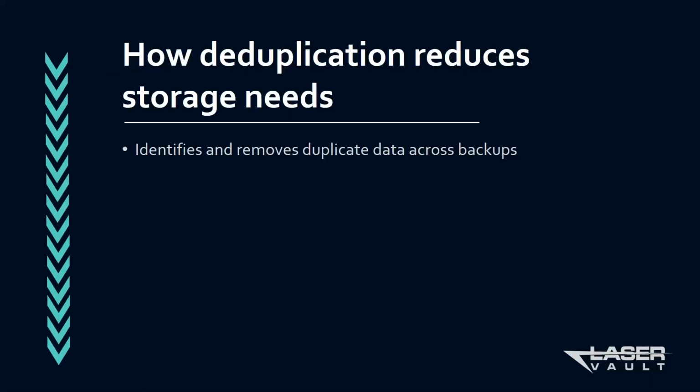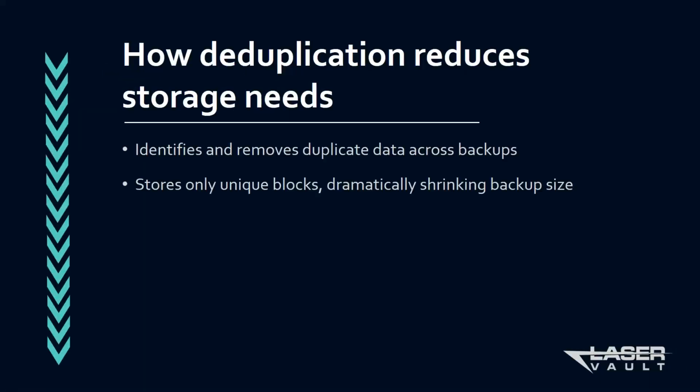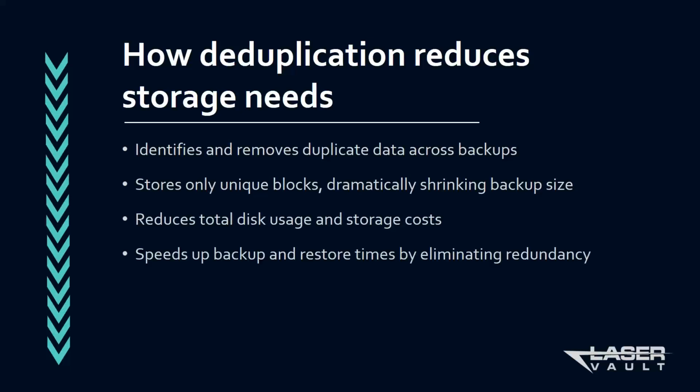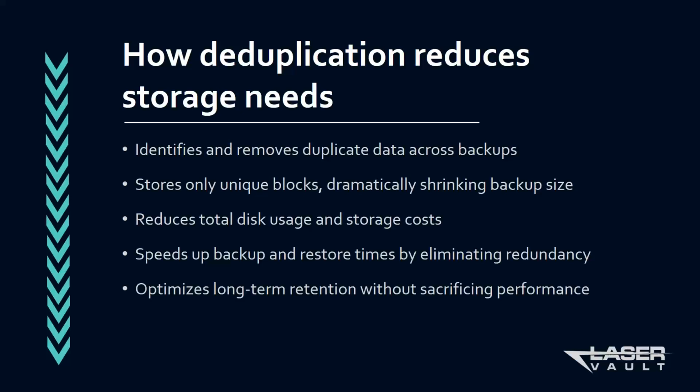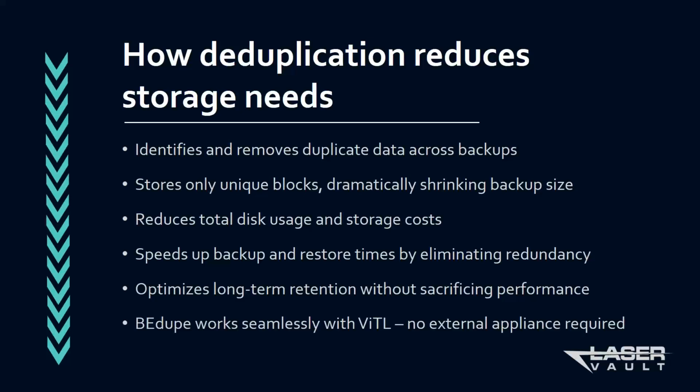So how does deduplication work? Data deduplication, in our particular case developed here with our own programming staff, is going to be block level data deduplication. This software is going to automatically identify and remove duplicate data across backups.